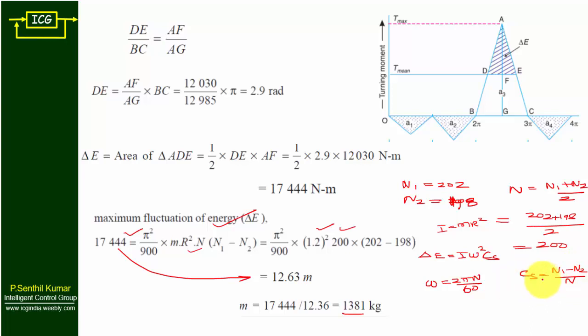So from that you can find the CS value, and you can substitute all those parameters, and here also you will get the same result. So there are two formulas. You can directly use del E equal to I omega squared CS, or you can use this formula. So this is how you can solve the given turning moment diagram. Finally, our aim is to find the mass of the flywheel for the given specification of the turning moment diagram.